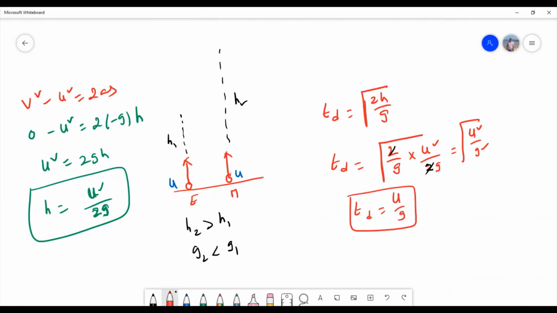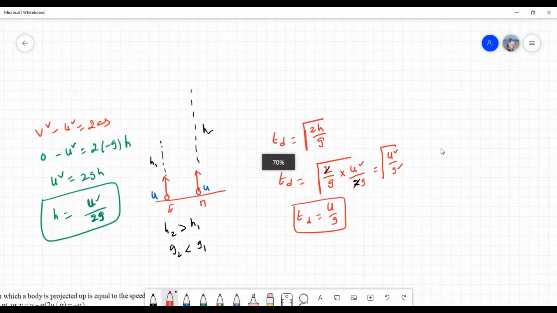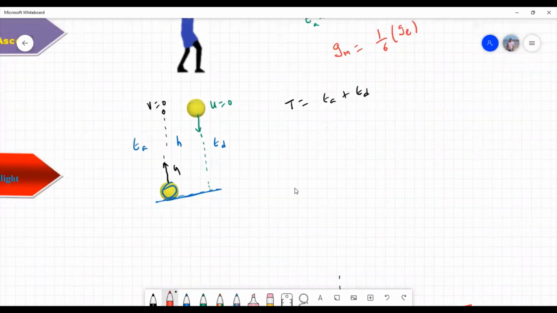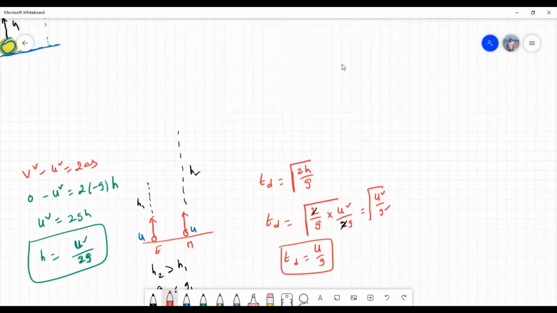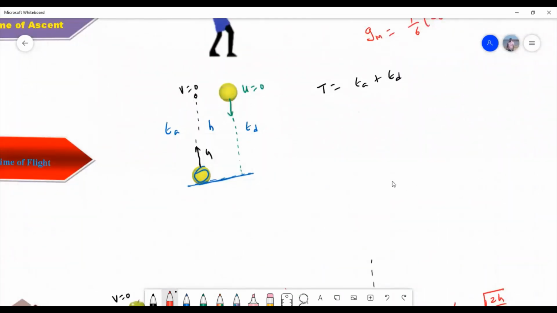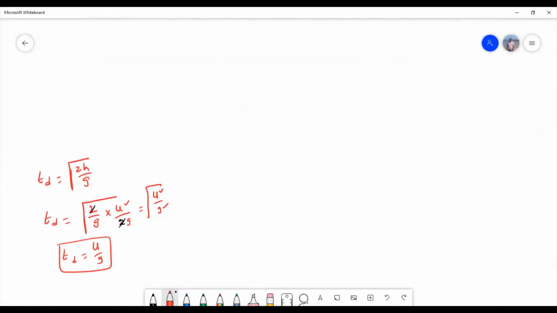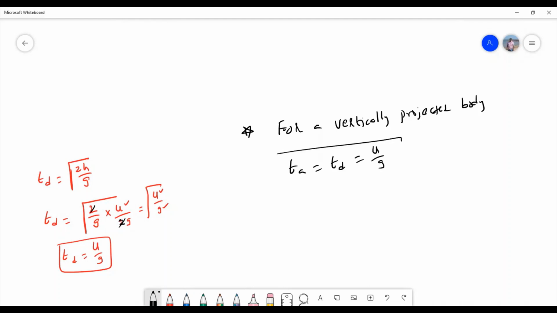So from this, I can say that for a vertically projected body, what is time of ascent? I said time of ascent is u by g, and time of descent is also u by g. A very important point we all can understand: for a vertically projected body, time of ascent is equal to time of descent, which is nothing but u by g.